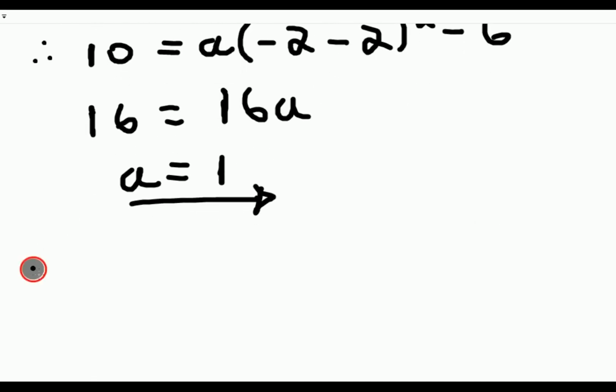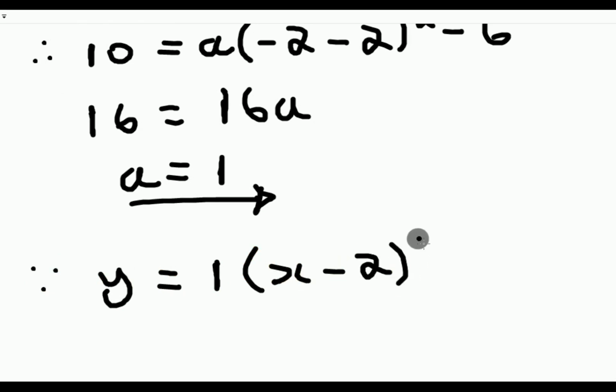So then we are going to say y is equal to 1 open bracket x minus 2 all squared minus 6.